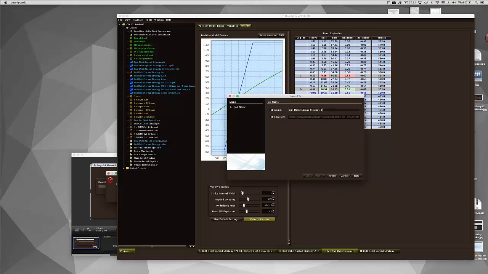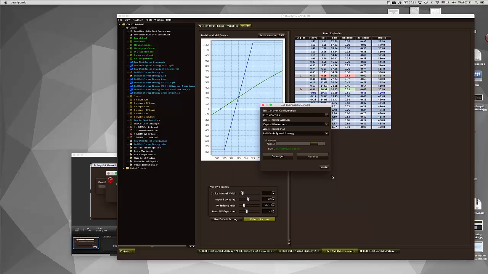And now I'm going to name this RUT so that I'll know later which underlying I used. This will take a couple seconds.